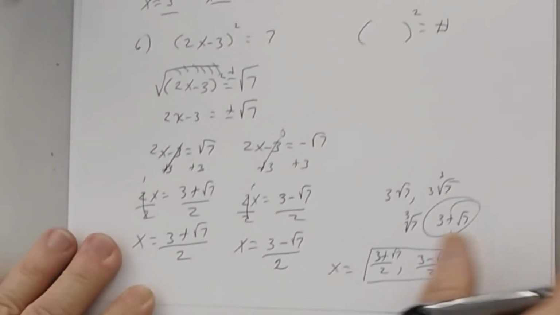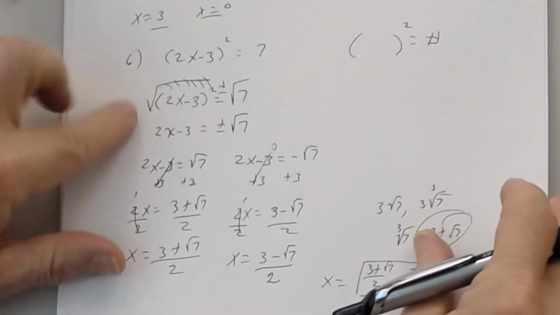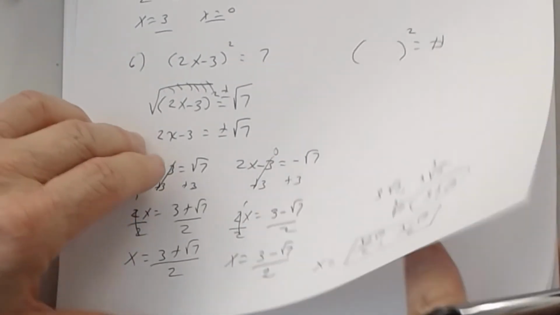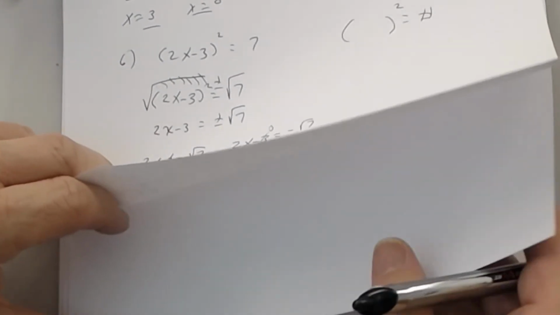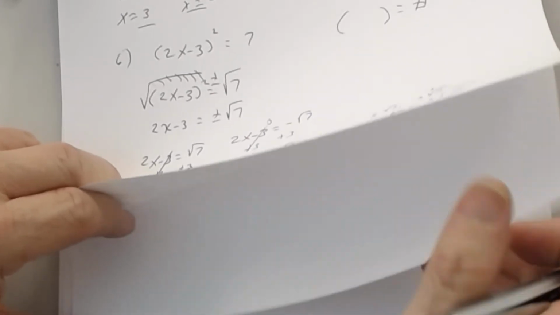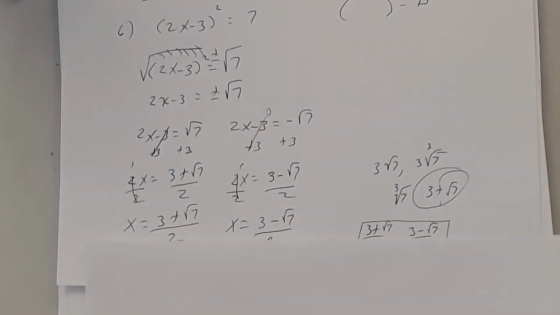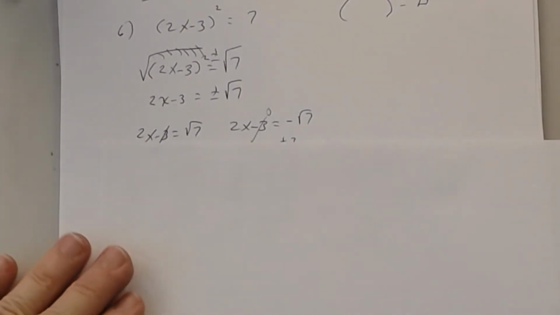Okay? Now, let me go back and mention this about number 6. We talked about rational and irrational numbers. So let's review that for a moment, and then we'll come back to number 6.